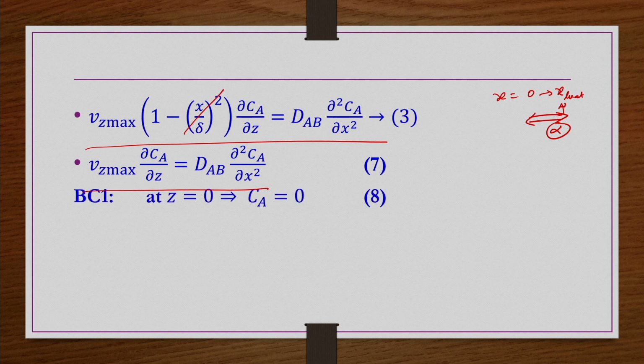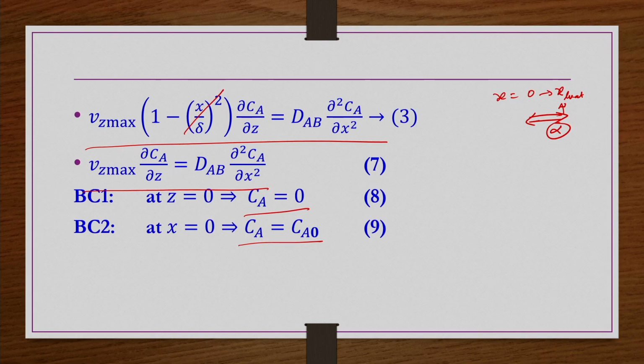Then the boundary conditions: at z equals 0, Ca equals 0, as it is. At x equals 0, Ca equals Ca naught, also as it is. But the x equals delta location is almost an infinite location, very far for the gas molecules, because they penetrate only a small distance into the film and cannot sense the presence of the wall. They think x equals delta is virtually x equals infinity, and they cannot go up to that location.